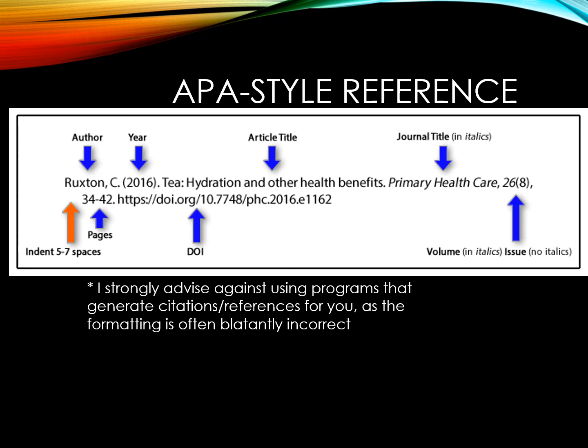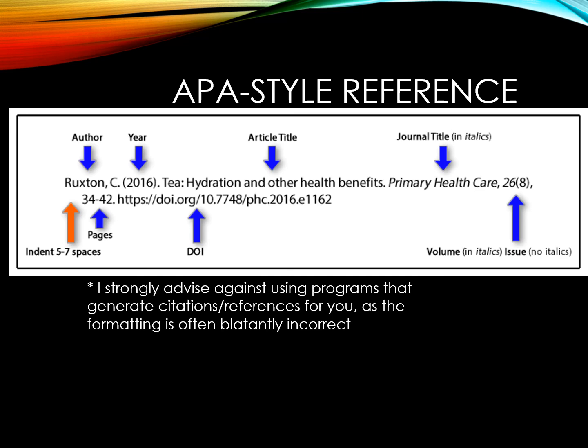Okay, then next you have the journal title, and the journal title is always in italics. So Primary Health Care is in italics, followed by a comma, and then you're also going to italicize the volume number, which is 26 in this case.